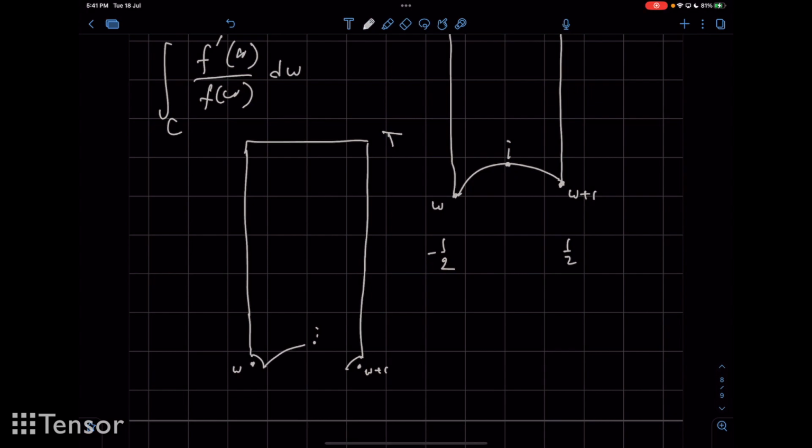Then again, this is the contour we are integrating over. And how is this contour defined? Let's say these little circles are of very small radius epsilon. First we draw the fundamental domain, then we cut out very little circles.